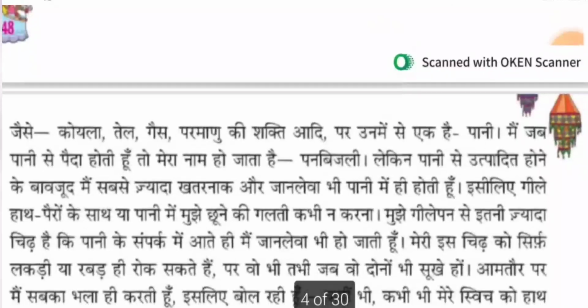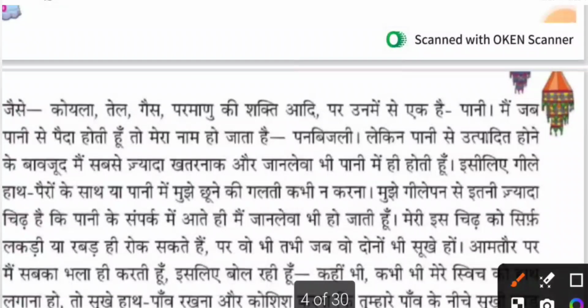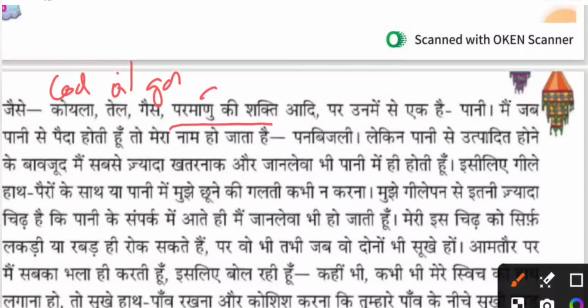So what are the raw materials? Like coal, oil, gas, the energy of atoms, nuclear power, and water. Water is also a raw material to produce electricity. These are the raw materials used to produce electricity in different ways.